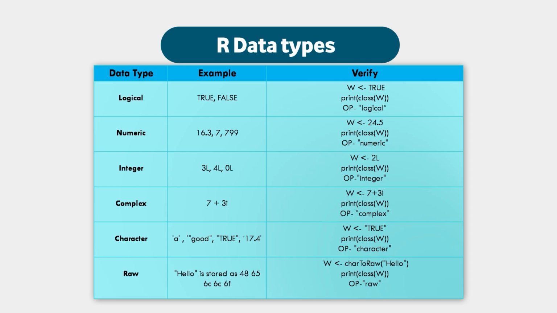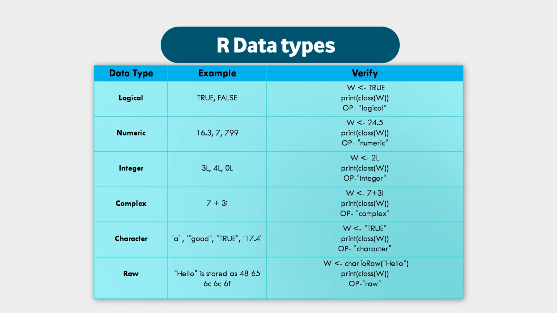You just take that particular character, like "hello" in the example, and simply write a function called charToRaw. It will convert this into another class, the raw data class. If you print the class of it, it will be shown as raw.